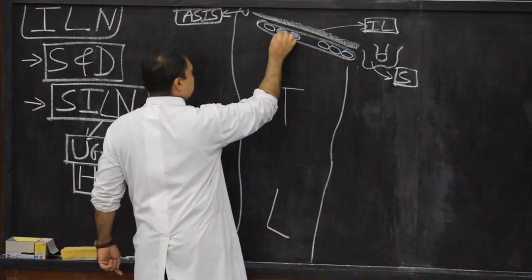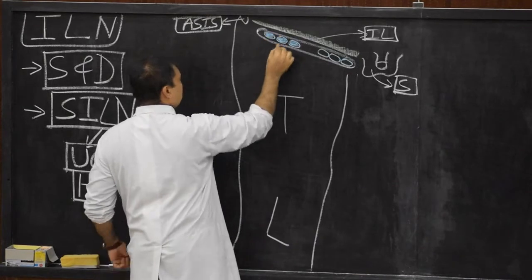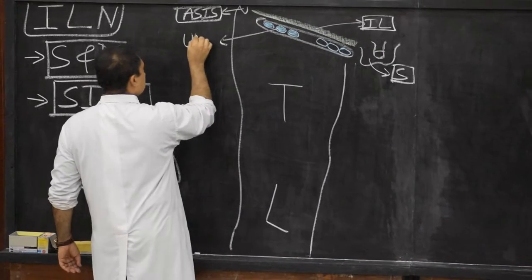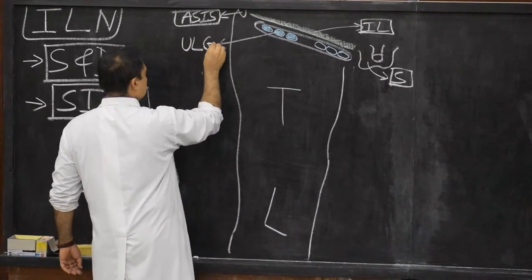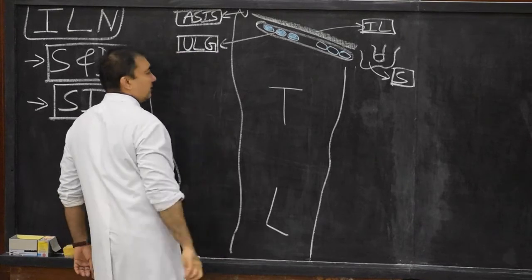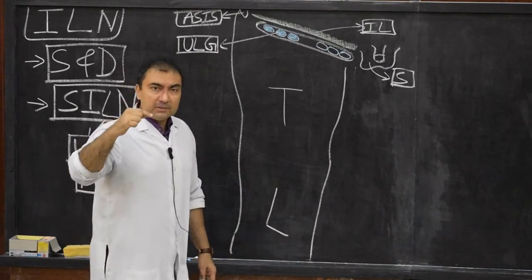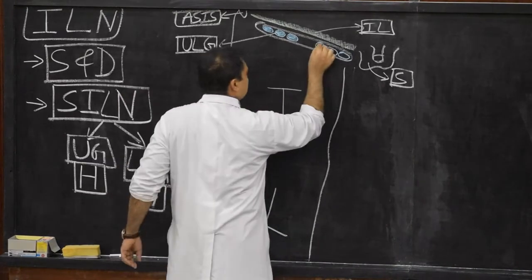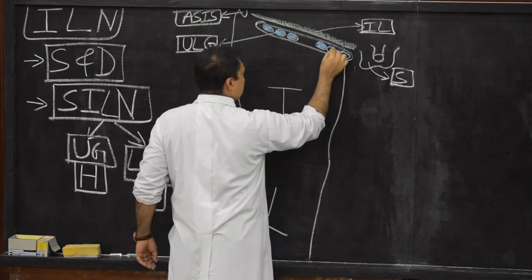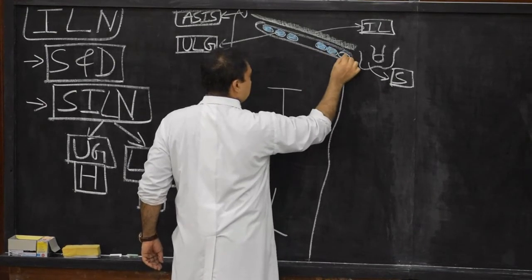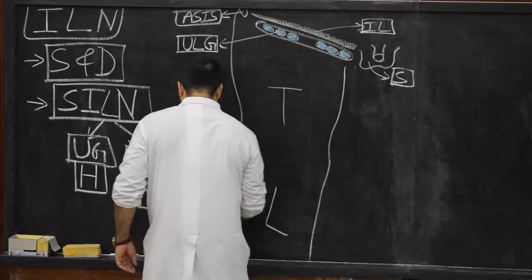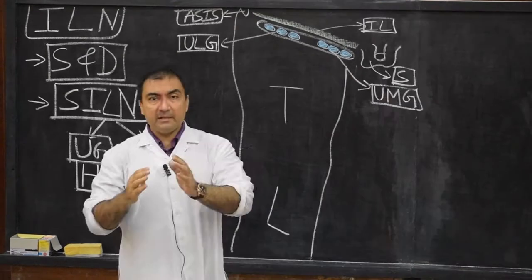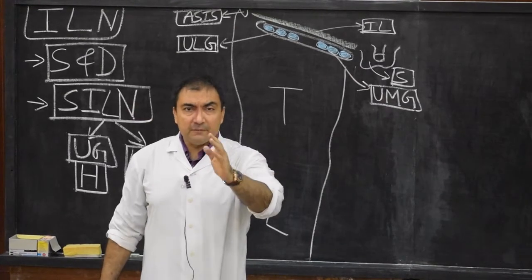These lymph nodes which I am coloring are the upper lateral group of inguinal lymph nodes, which belong to the upper group of superficial inguinal lymph nodes. Similarly, I will color these three lymph nodes, which are the upper medial group.